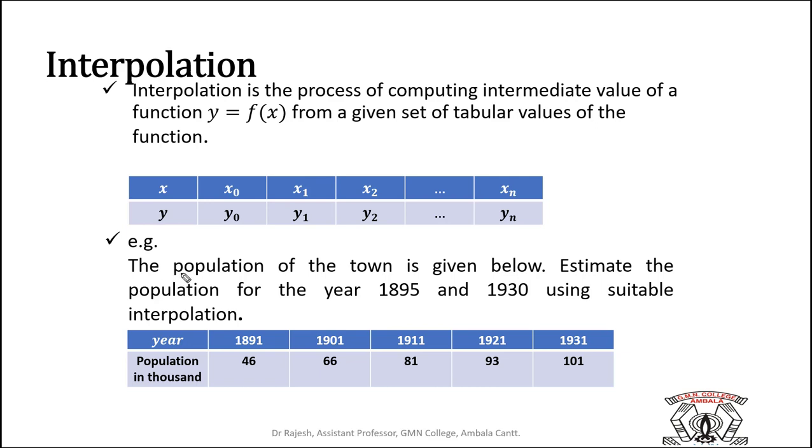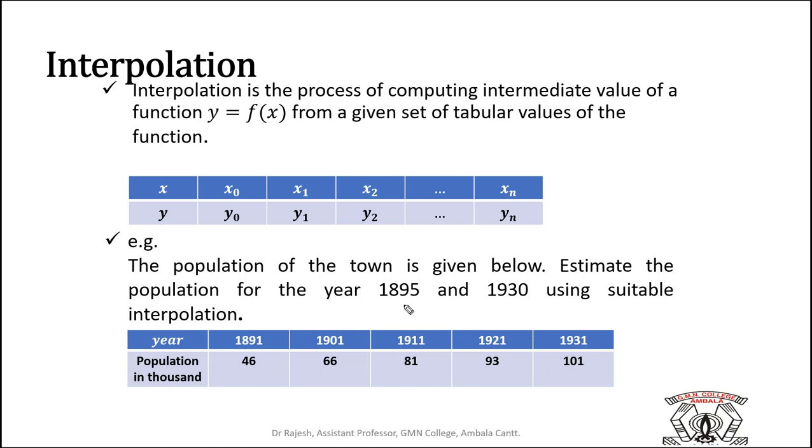Like here we are taking it through an example. The population of the town is given below. Estimate the population for the year 1895 and 1930 using suitable interpolation. Now why is it interpolation? Like in 1891 population in thousands is 46,000. In 1901 it is 66,000. 1911 81,000. 1921 93. 1931 101.